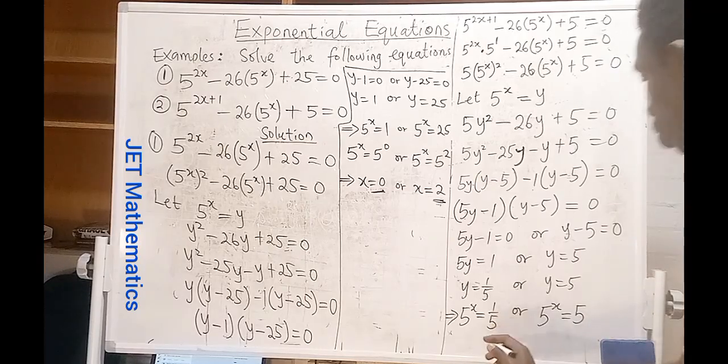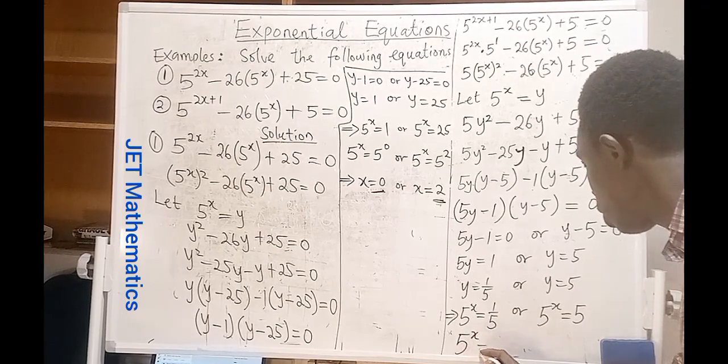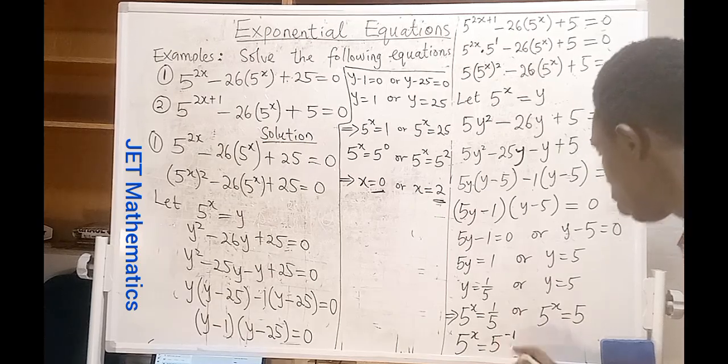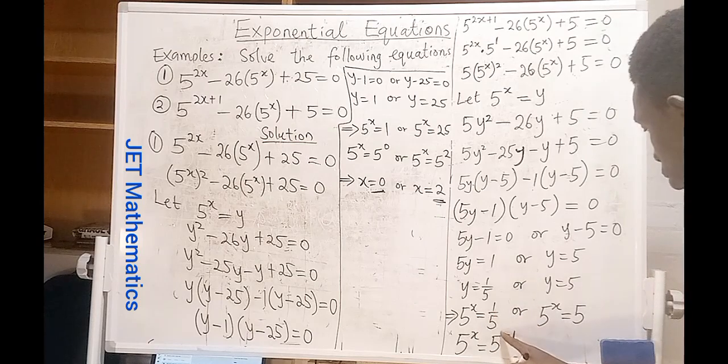So at this point we can write 5 raised to the power x equals 1 over 5, which can be written as 5 raised to the power minus 1. If you are following our videos, you should be familiar with this kind of expression now.